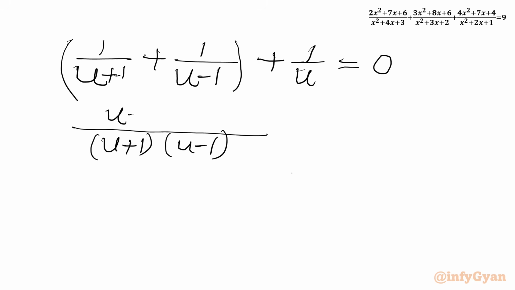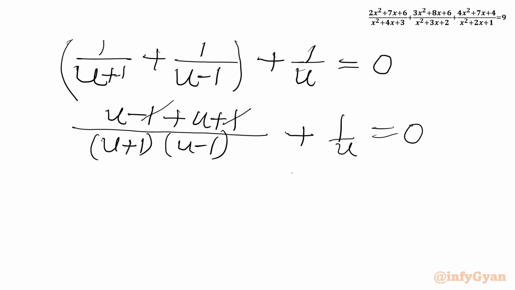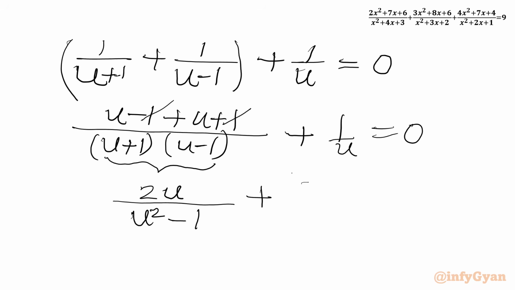In the numerator, we'll write u minus 1 plus u plus 1. Then we have 1 over u equal to 0. We'll cancel plus and minus 1 from the numerator, and in the denominator we will apply the difference of two squares formula. So we will get 2u in the numerator and u square minus 1 in the denominator. Then we have plus 1 over u equal to 0.